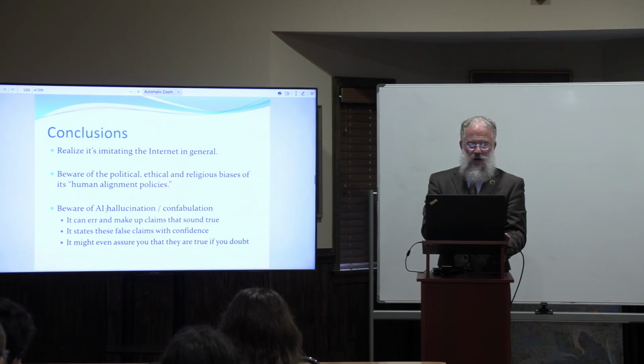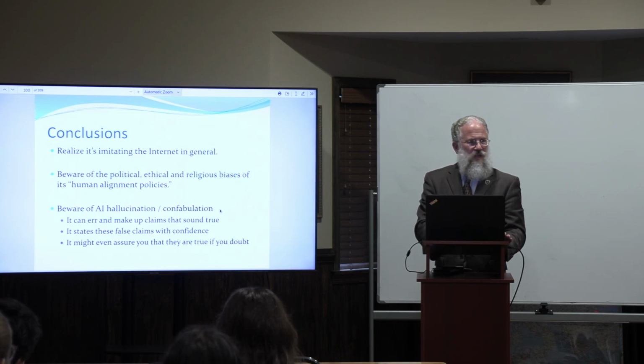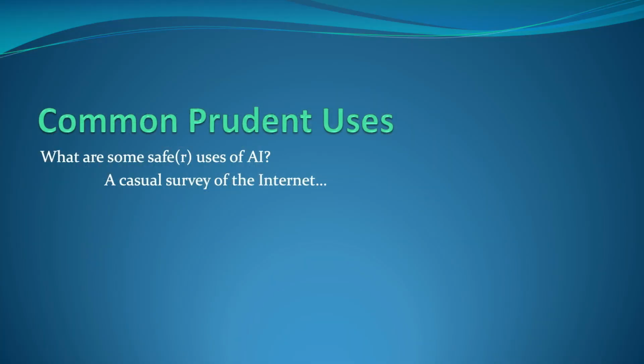And then be very aware of the possibility of AI hallucination or confabulation, because that's the main reason why we don't want you to trust this thing when it comes to doing anything important. You should always verify what it tells you, and of course, you shouldn't use it for anything that you do at Christendom. So why do people tend to use it these days?